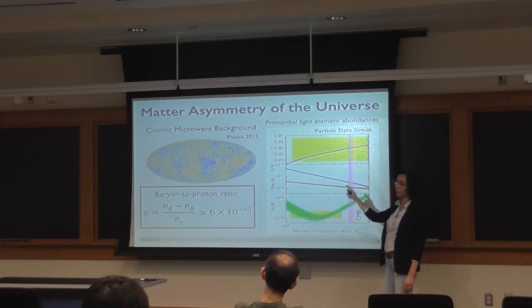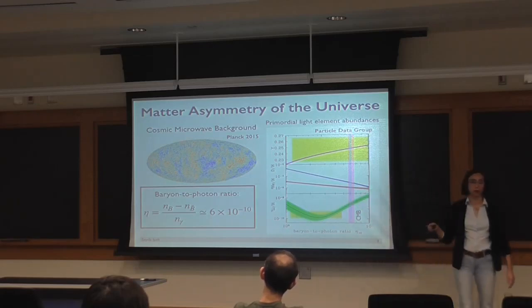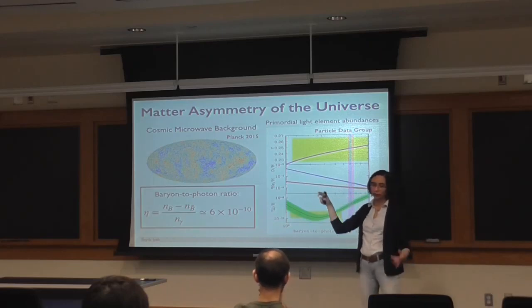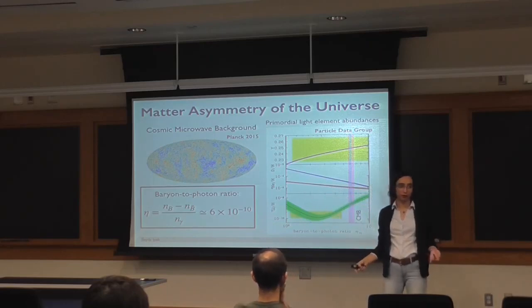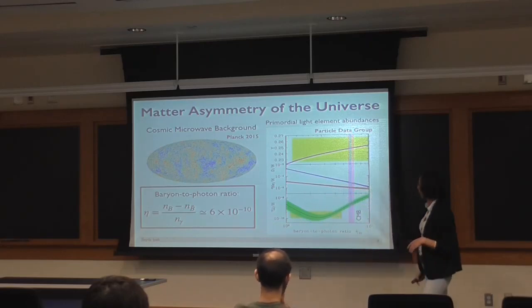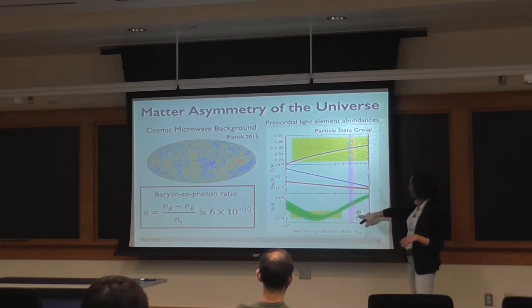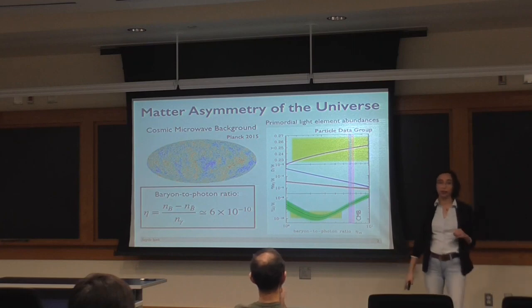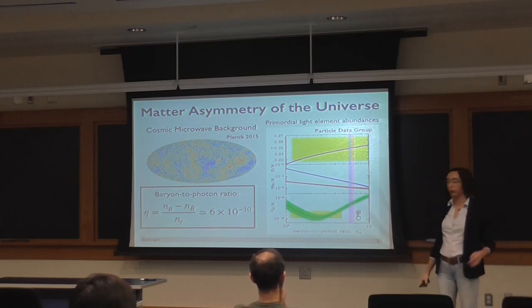The same quantity can also be measured at the time of Big Bang nucleosynthesis. The CMB measurement is done when the universe was about 400,000 years old, when the photons last scattered. Big Bang nucleosynthesis happened when the universe was about a second old, much before the CMB, but you expect to see the same number.